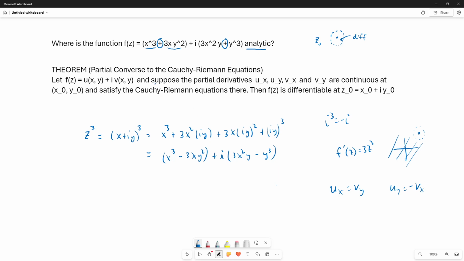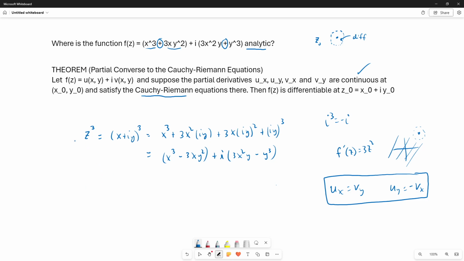In the partial converse, to determine if a function is differentiable, we need continuous partial derivatives that satisfy the Cauchy-Riemann equations. So we have to calculate these partial derivatives and see where they satisfy the Cauchy-Riemann equations. I'm sure they will be continuous, since our u and v are just polynomials. u sub x and u sub y, v sub x and v sub y will be continuous, and we need them to satisfy the Cauchy-Riemann equations as well, which are right here.